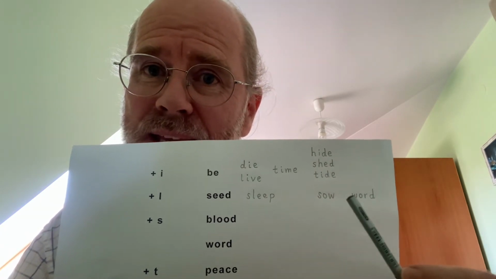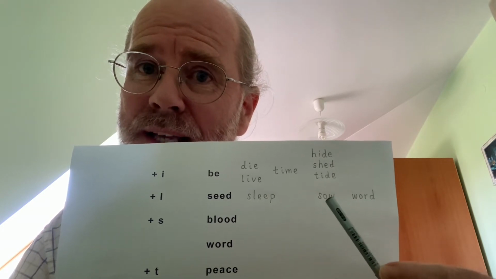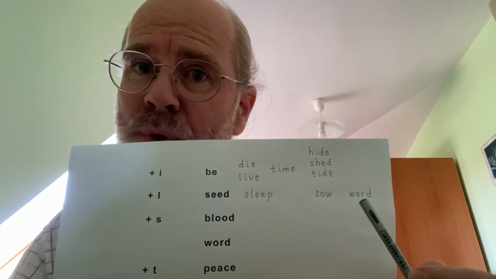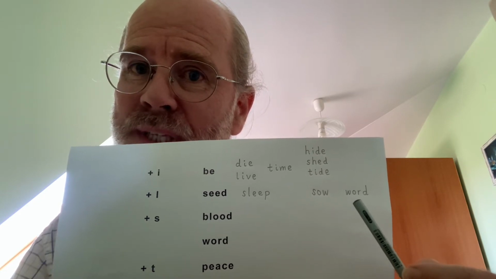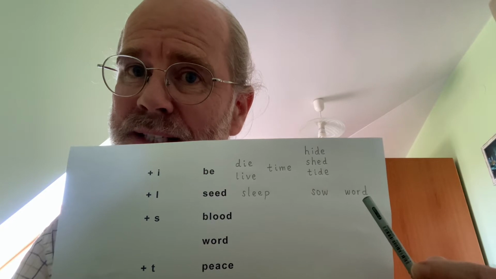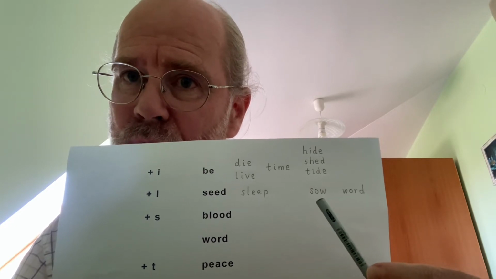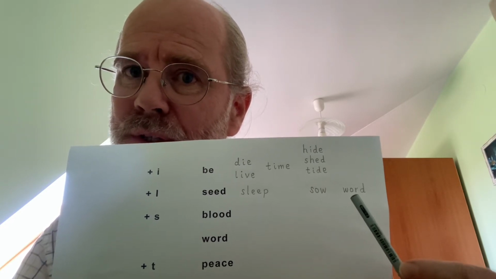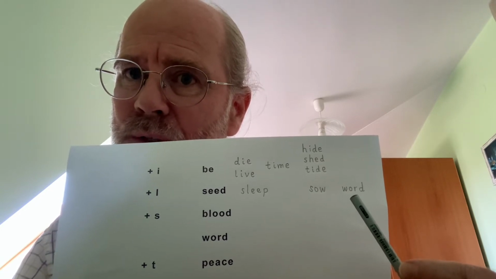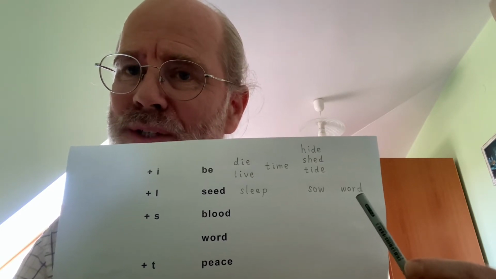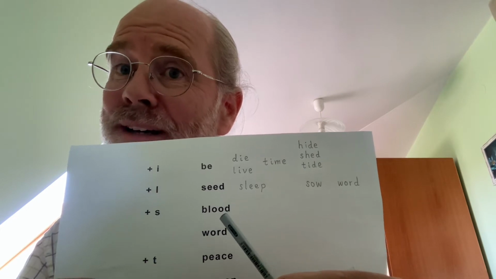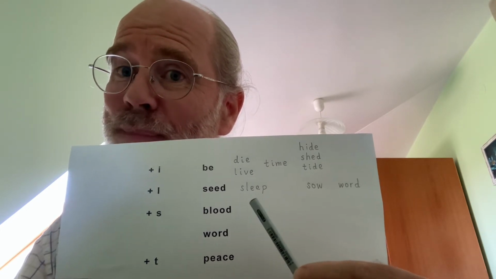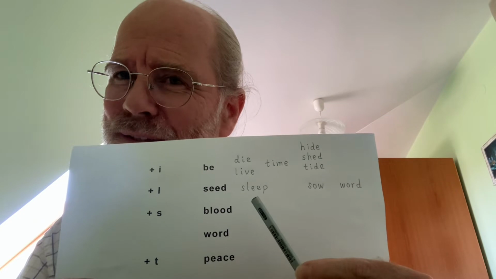We take a step in the alphabet, R, S, and we read the word in reverse, sow, with the addition of the letter D. So sow is very much in word, referring to the word of God, which is like a seed that is planted in our heart, but can remain dormant for a time.